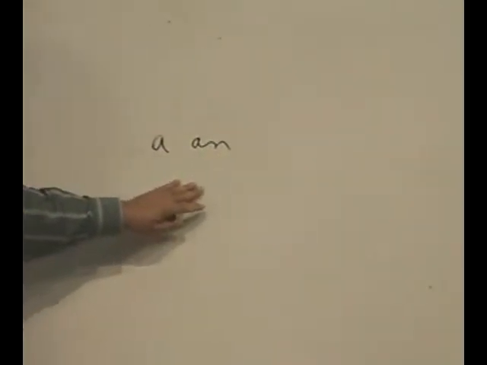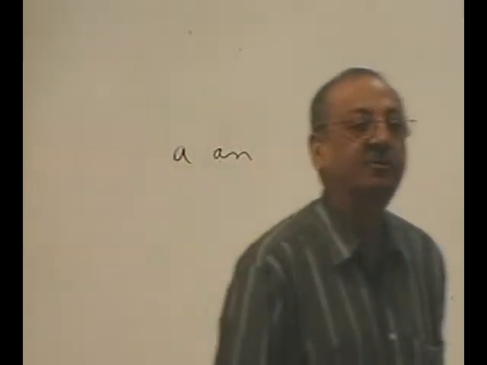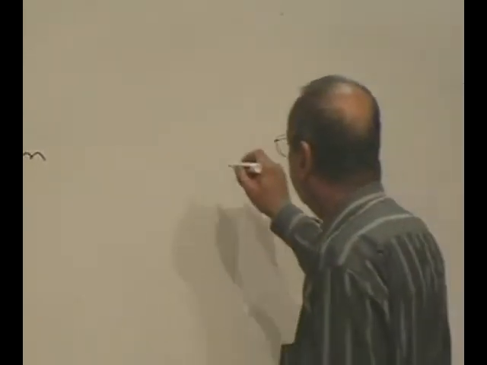What do we do in English when it is an indefinite noun? How do we describe it, brother? By using a or an. Are you with me? This, when it comes in front of a noun, makes it indefinite. How do you make it definite? The.